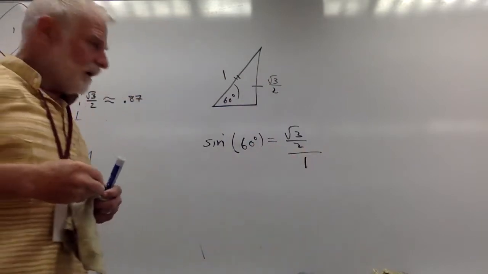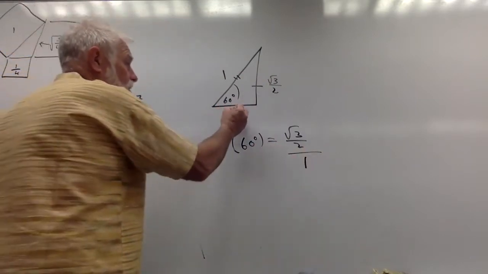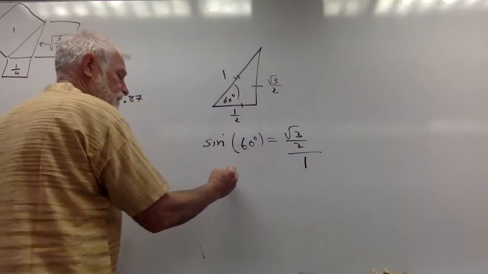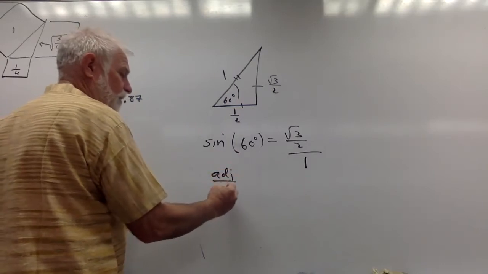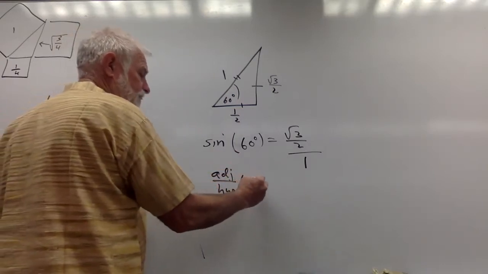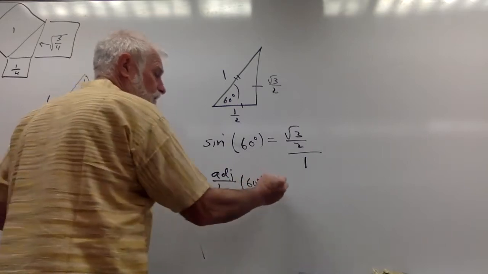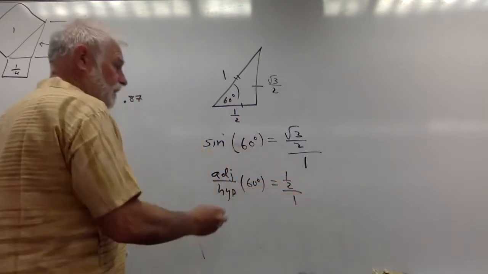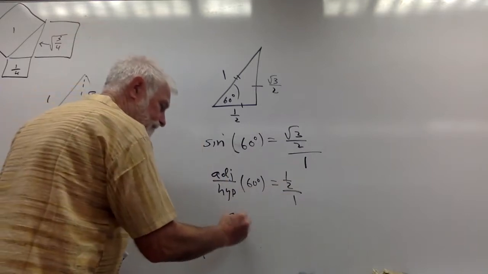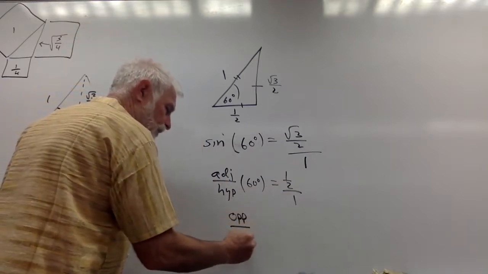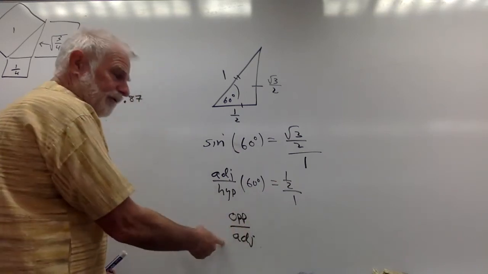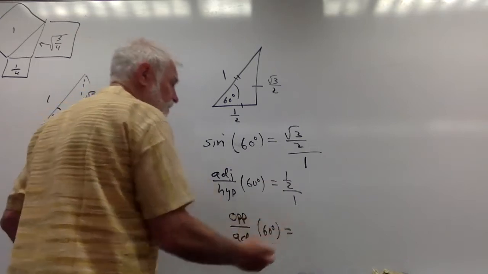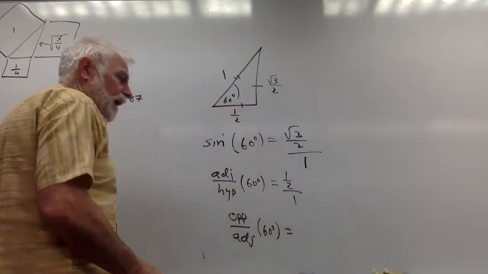All right. The cosine function would have been the adjacent to hypotenuse relationship of a 60-degree 30, 60, 90 triangle, which is 1/2 divided by 1. And then the opposite to adjacent ratio, right? Ratios are fractions. For a 60-degree 30, 60, 90 triangle it is √3/2 divided by 1/2.